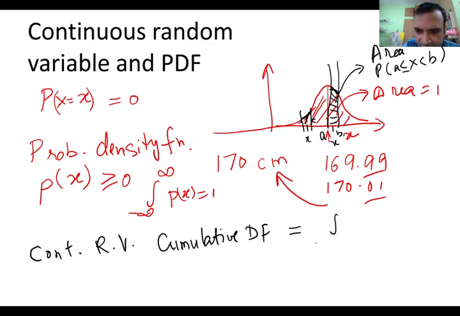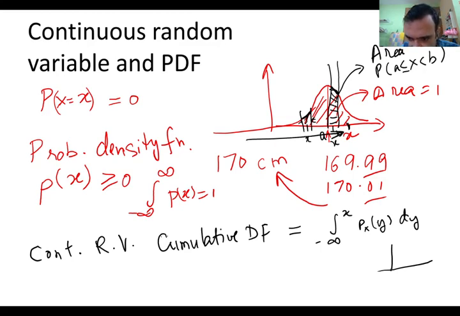So this is basically the integral from minus infinity to x of p of y dy. I'll use a different variable, y, because x is the upper limit. If I plot the integration of this up to the point x from negative infinity, you will get some 0 value at the start, and then it will saturate to 1 because it all integrates to 1.